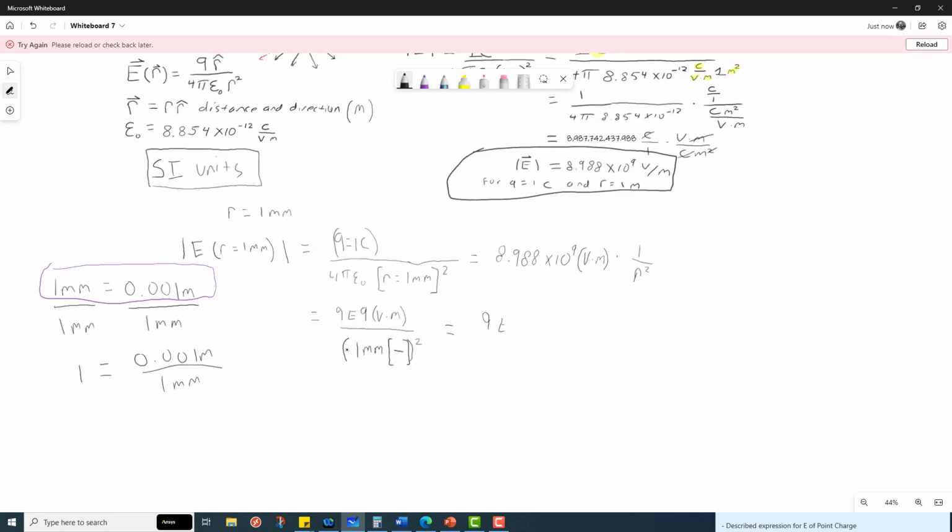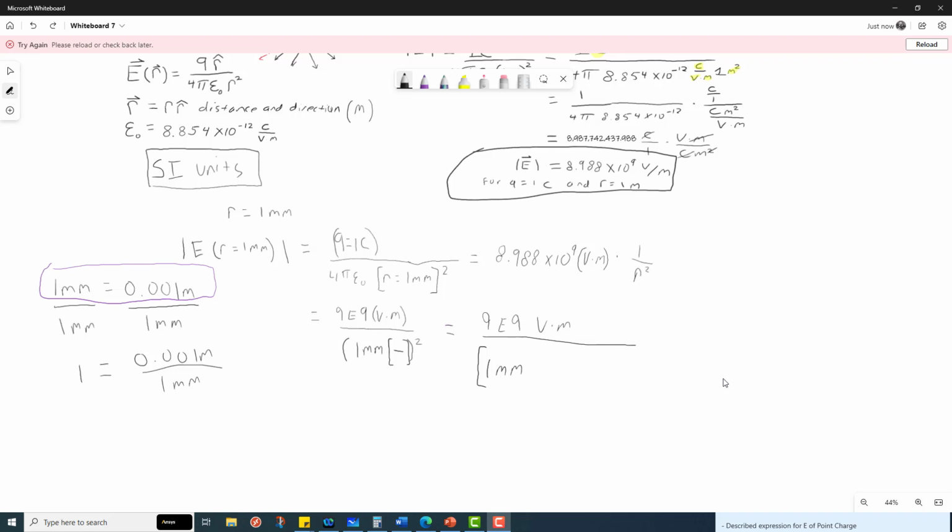So I'll say 9E9 volt meter, and let me make this larger so we can really see what is about to happen. I'll make my bracket. I keep going back and forth between bracket and parentheses, but hopefully that's not causing confusion. And I have 1 millimeter, and I want 1 millimeter to read in meters.